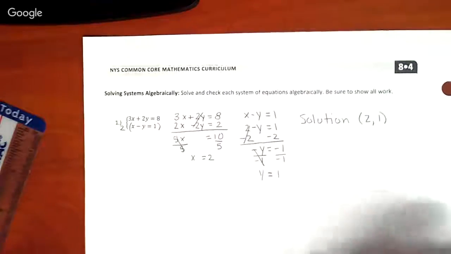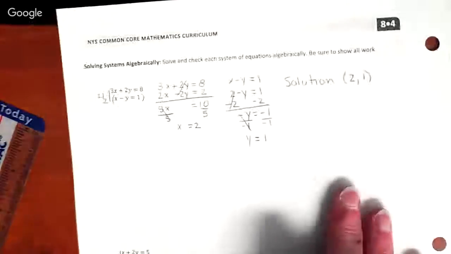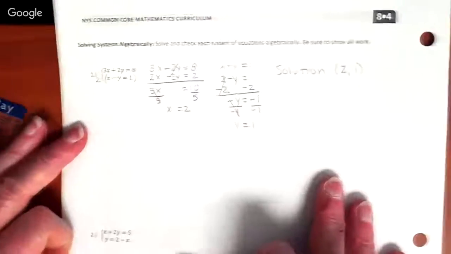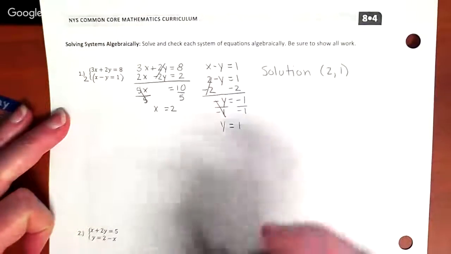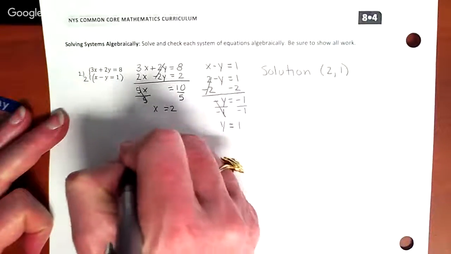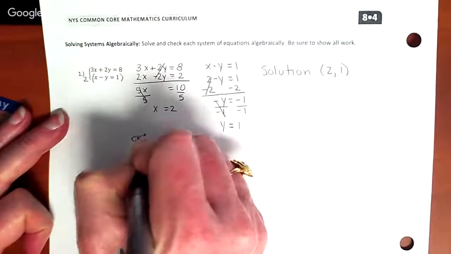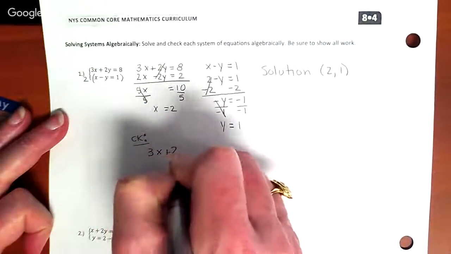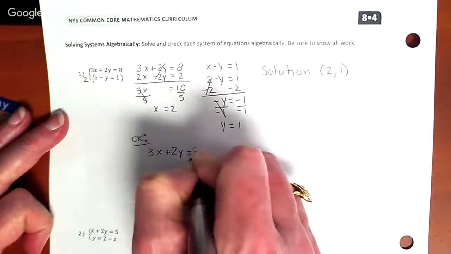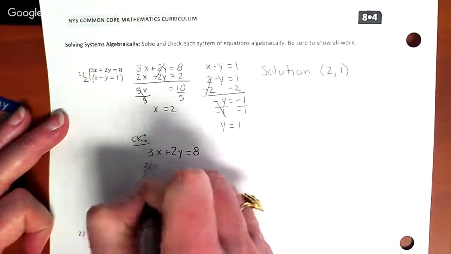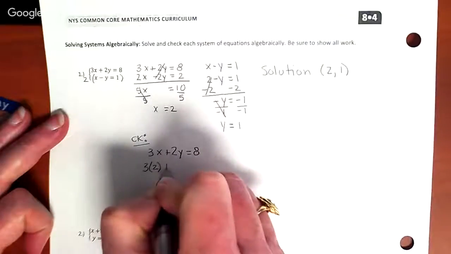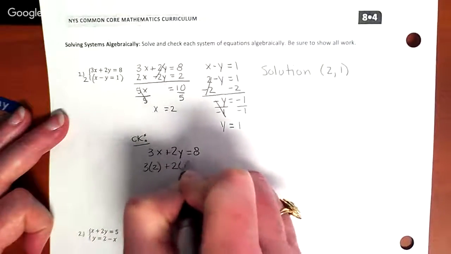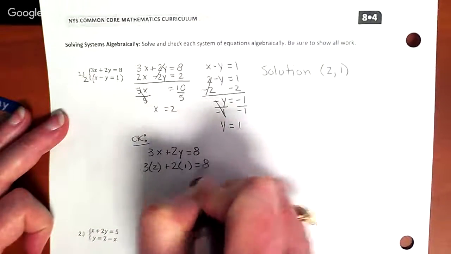So now to check it, right underneath, I have 3x plus 2y equals 8. So 3 times 2 plus 2 times 1 equals 8.